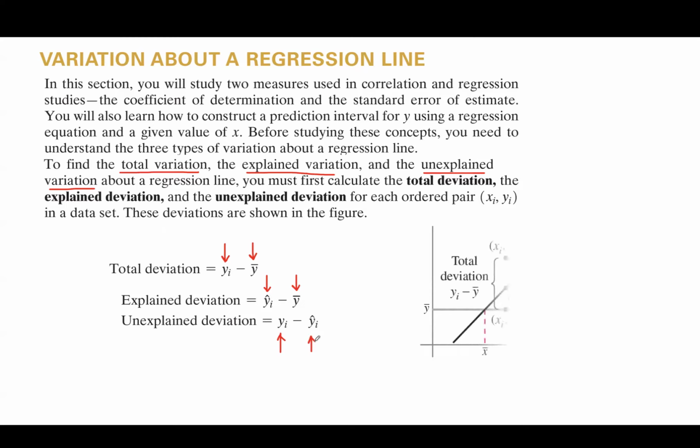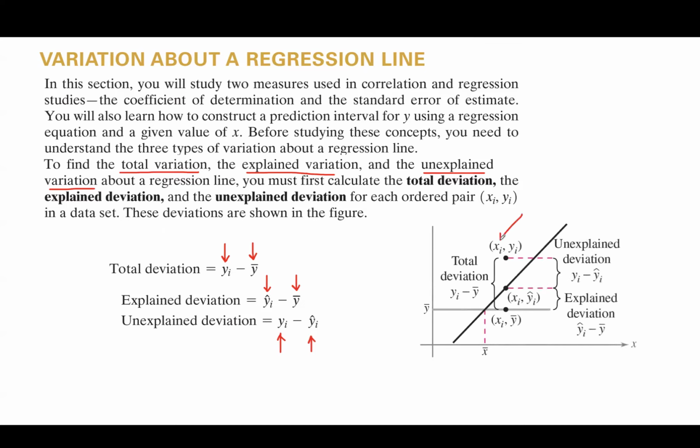You can visualize them as well. So for example, suppose you have a point. This is your point, x i, y i. This is your regression line. Of course, you can see a difference between the actual y value and the predicted y value. This is called unexplained deviation.